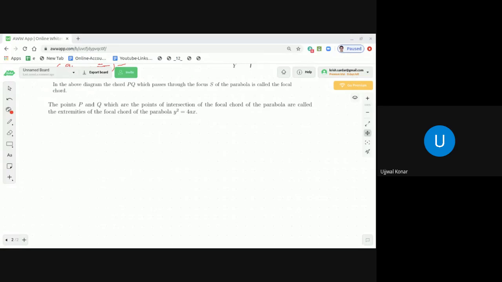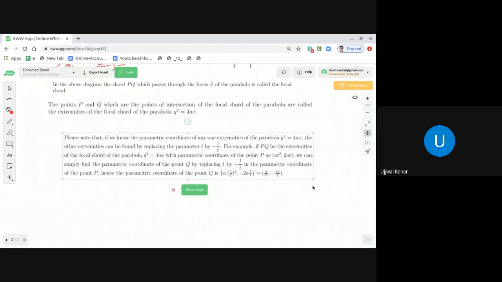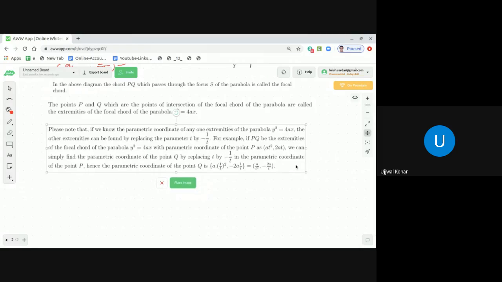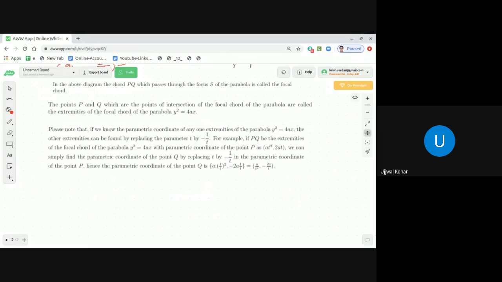Please note that if we know the parametric coordinates of any of the extremities of the parabola y square equal to 4ax, the other extremity can be found by replacing the parameter t by minus 1 by t.